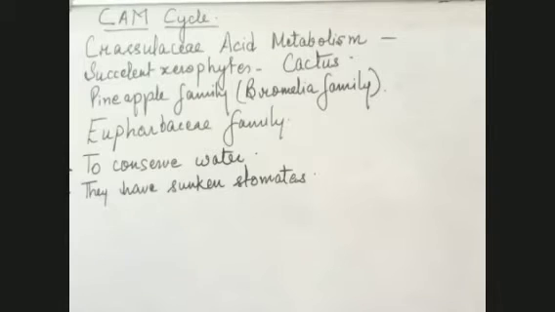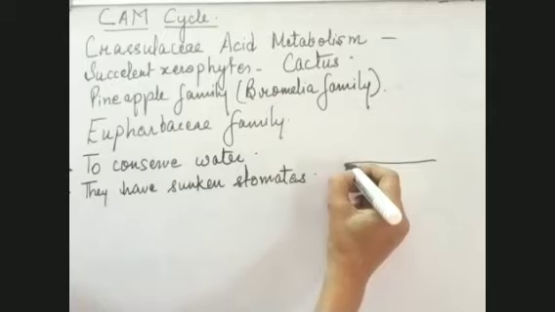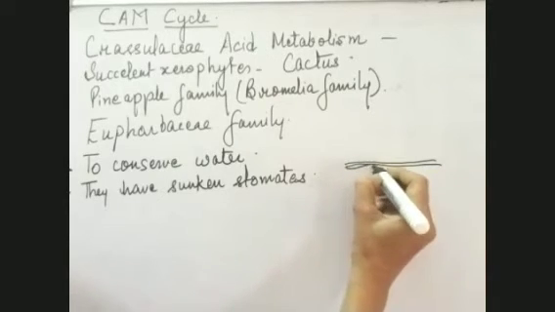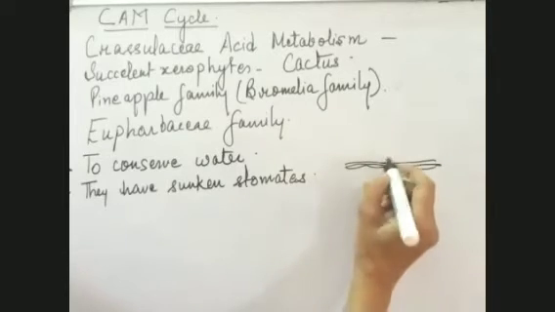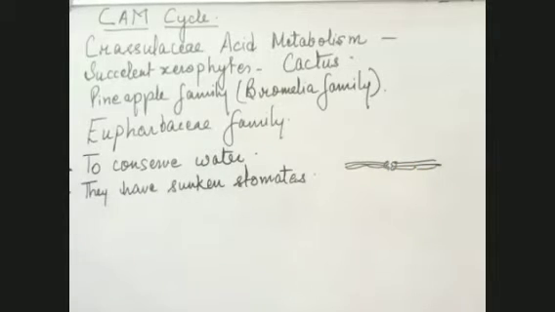What do we mean by sunken stomatas? See, normally the epidermis is like this: the cuticle, then the epidermis, and we have stomatas in line with the epidermis.